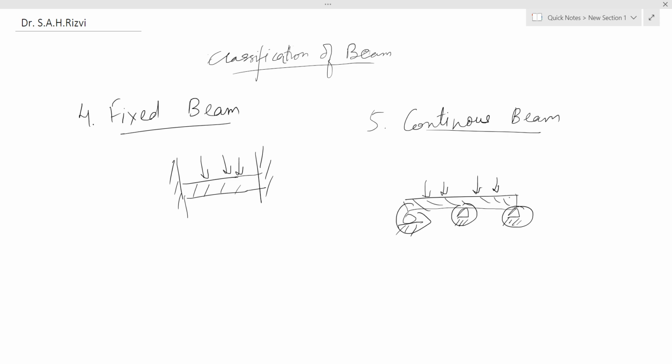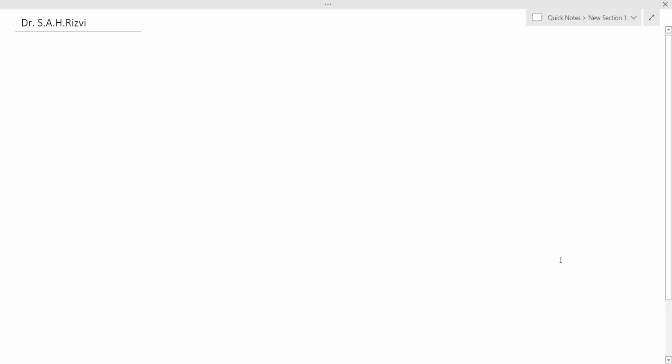Now let us discuss shear force and bending moment. Let us draw a beam, a simply supported beam having two supports.